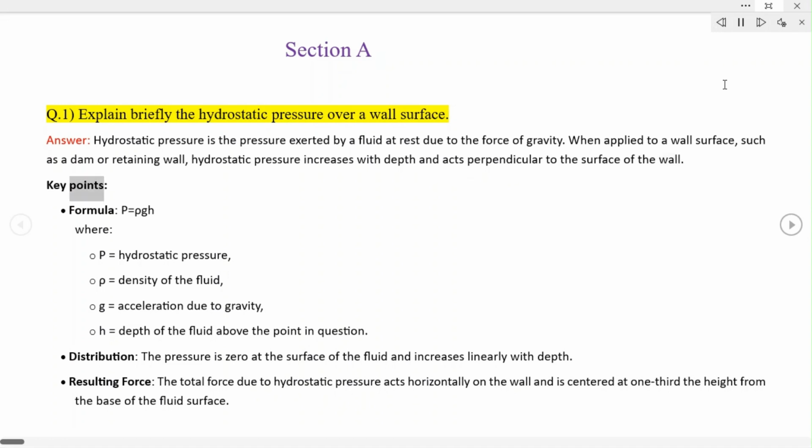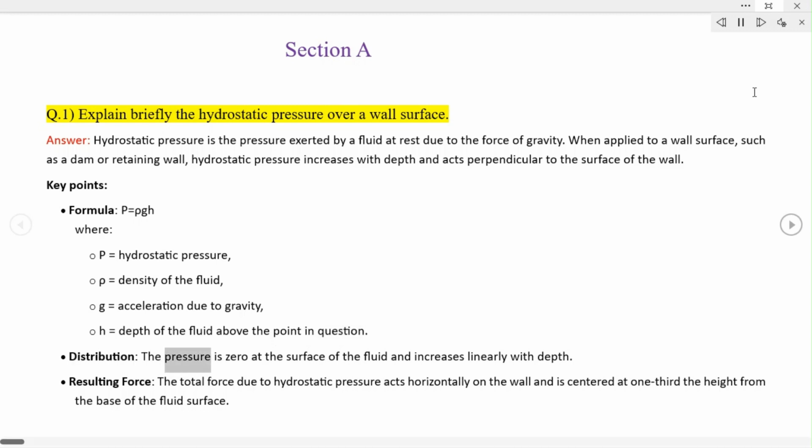Key points. Formula: P equals ρgh, where P equals hydrostatic pressure, ρ equals density of the fluid, g equals acceleration due to gravity, h equals depth of the fluid above the point in question.